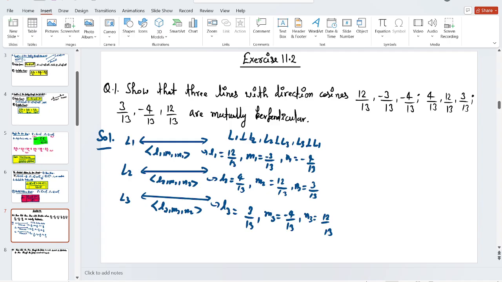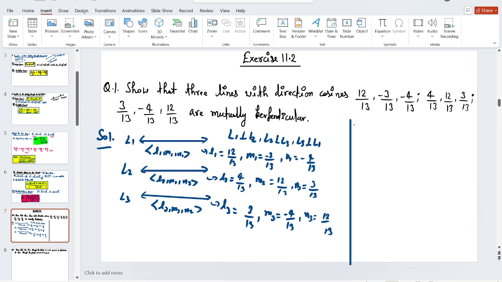To show that L1 is perpendicular to L2, we need l1 l2 plus m1 m2 plus n1 n2 equal to 0. If it equals 0, then we say that L1 is perpendicular to L2.